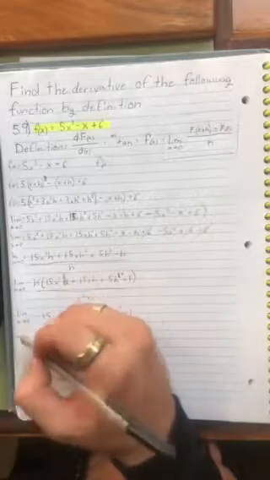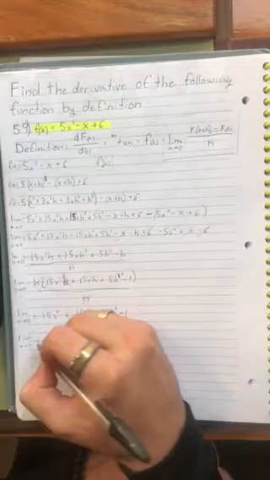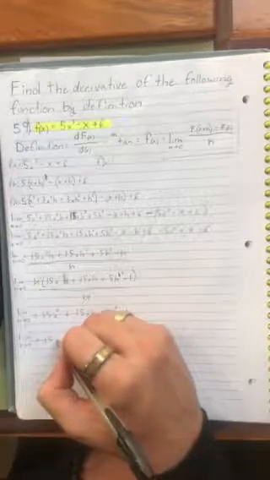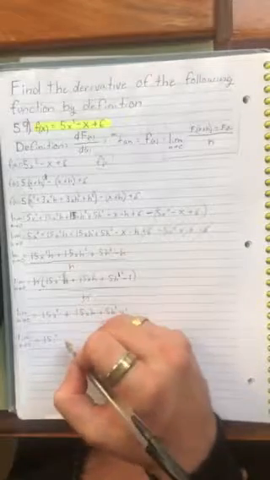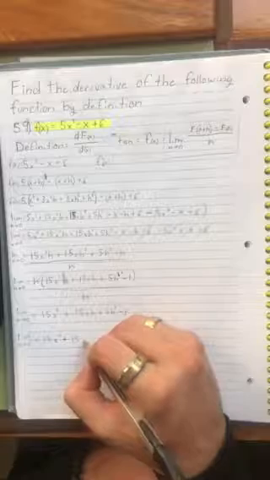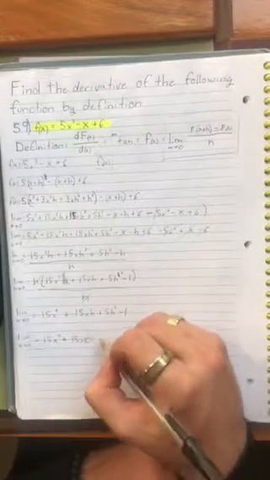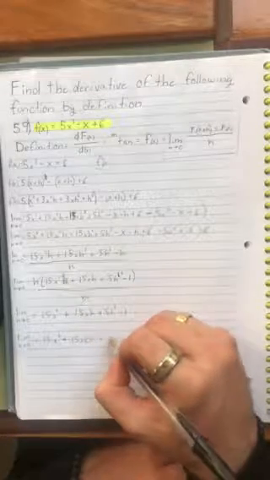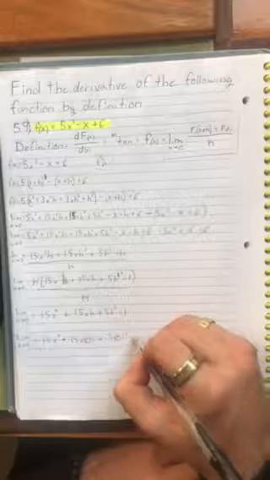So we're going to substitute the h's in here for zeros. The next step is limit h equal to 0, 15x squared plus 15x times 0 plus 5 times 0 squared minus 1.